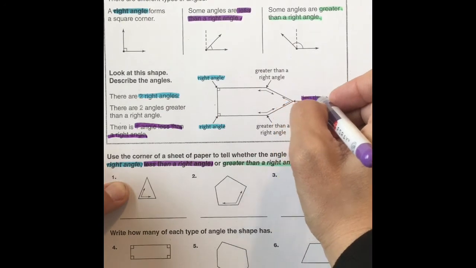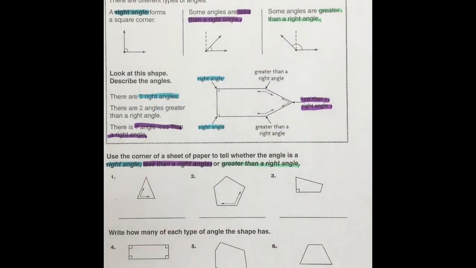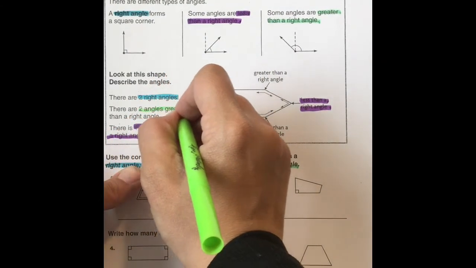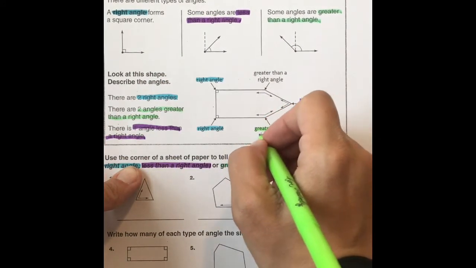The other 2 are not less than a right angle, they're greater than a right angle. So I have 2 angles that are greater than a right angle.